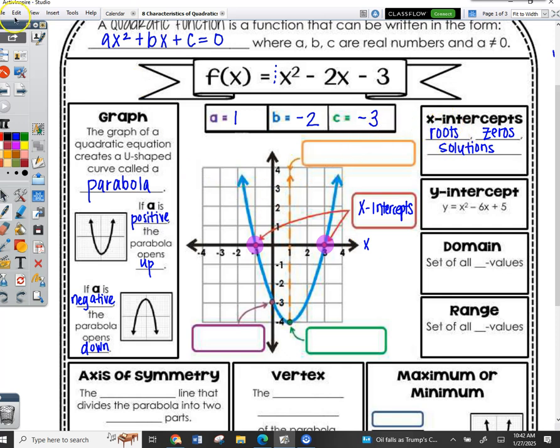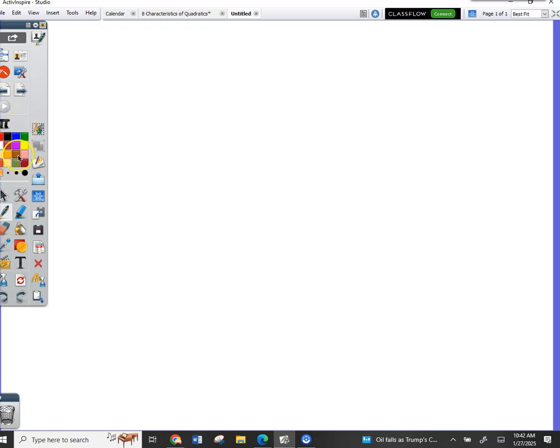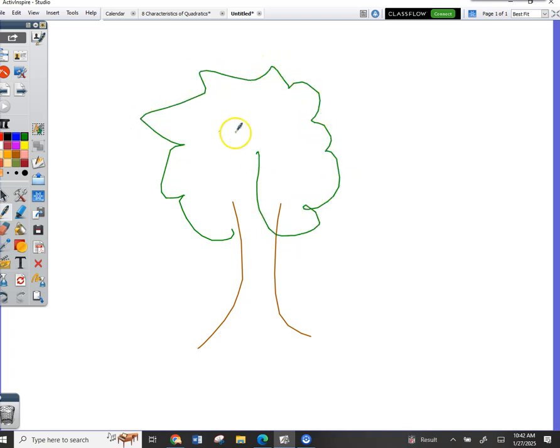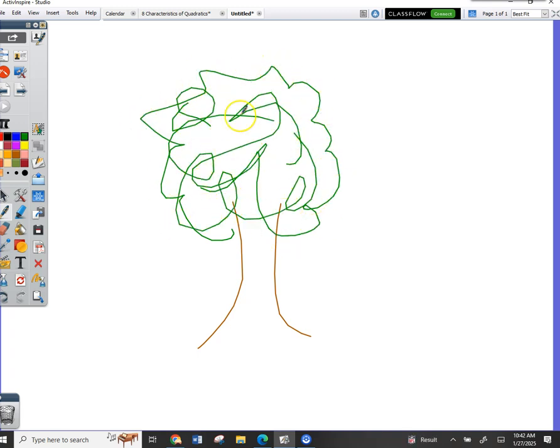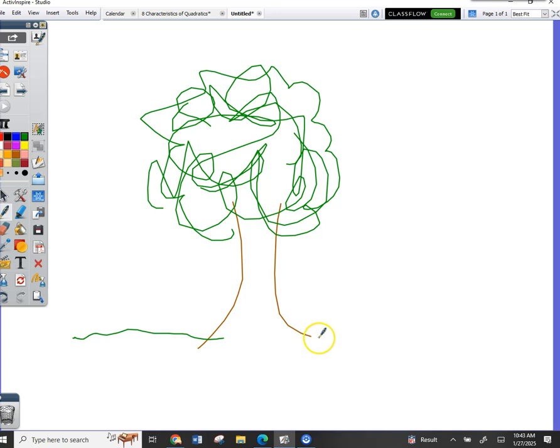Roots. Watch this. I want you to think of a tree. You don't have to draw this. I want you to think of a tree. All right. Anyways, and then you have the ground, right? Where do a tree's roots grow? In the ground, right?